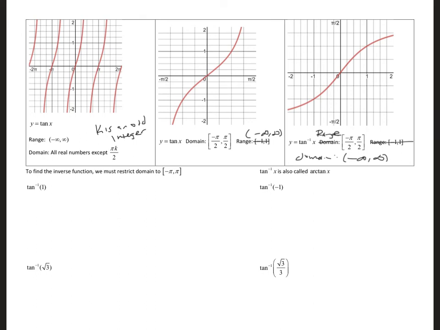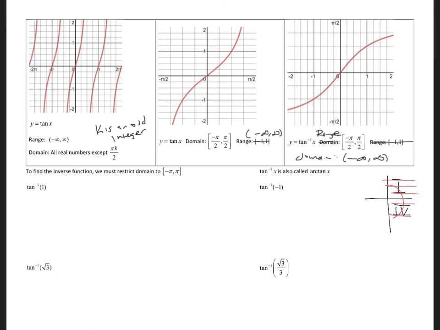So what we need to note here is that tan is only defined in quadrant 1 and 4, 1 and 4 only. And remember, it has to meet the criteria of the range from negative pi over 2 to pi over 2.